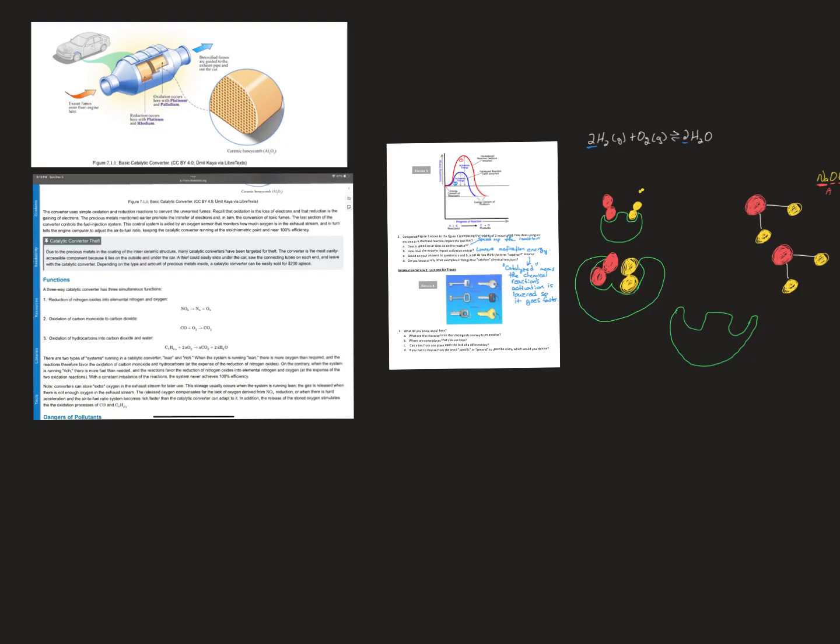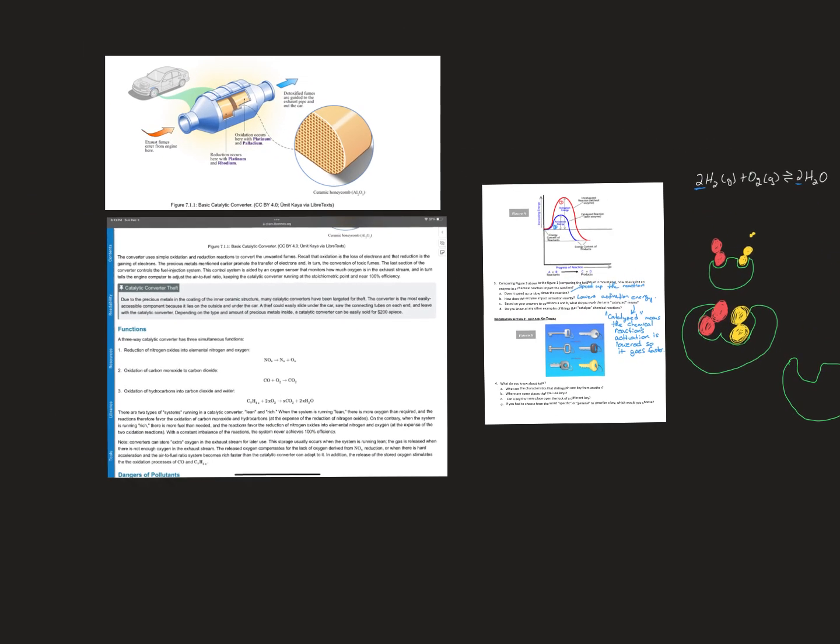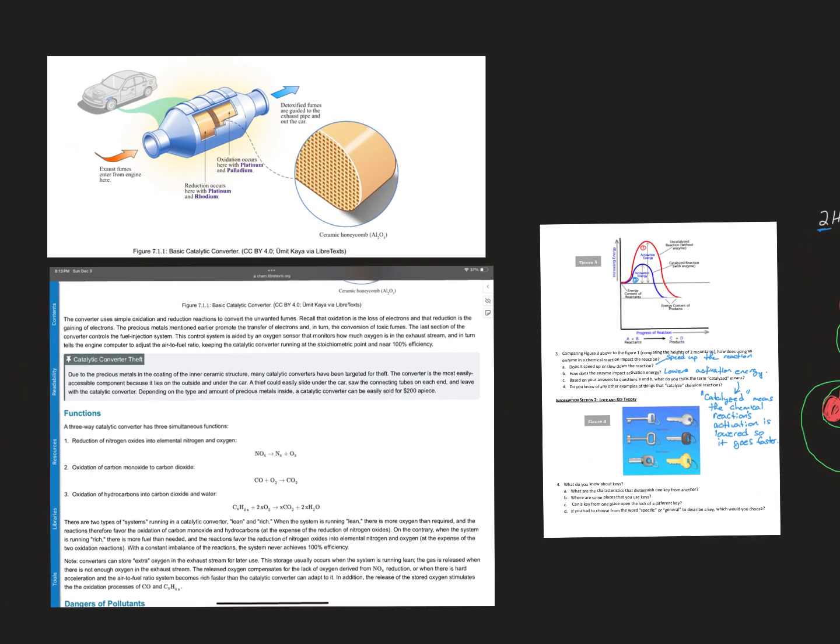So when we look at the example used in class and in your textbook, the catalytic converter is the most common example of a catalyst used in everyday life. When we burn gasoline, we don't always get carbon dioxide.